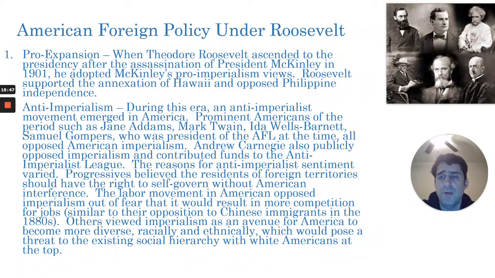The labor movement, which Samuel Gompers obviously represented and advocated for, in general, the labor movement in America during this time opposed imperialism primarily out of fear that it would result in increased competition for jobs. This is similar to the labor movement's opposition to Chinese immigration on the West Coast, Chinese immigrants in the 1880s.